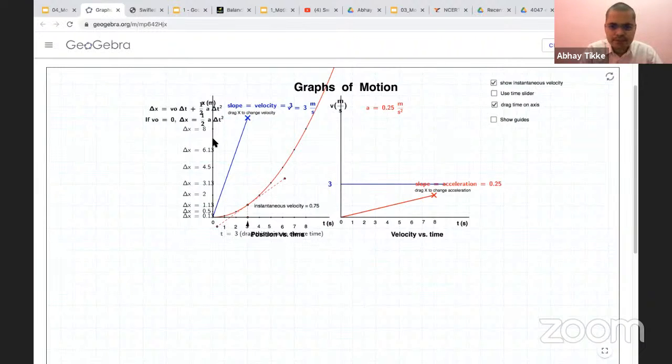This is along x-axis is your time and along y-axis is your distance traveled in meters. That's the first graph. Second graph में क्या है? Along y-axis is velocity and along x-axis is your time.